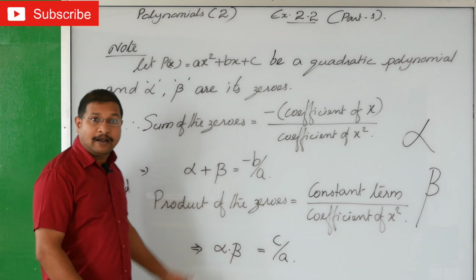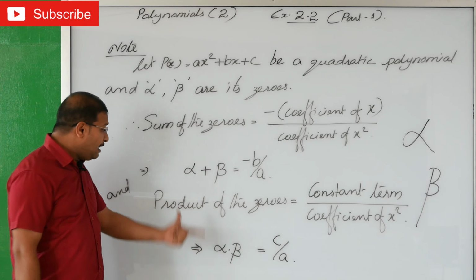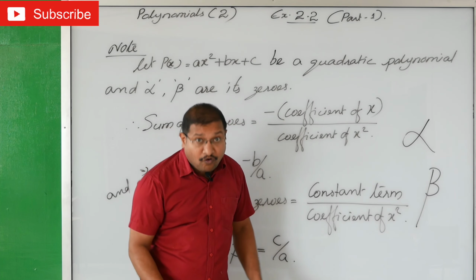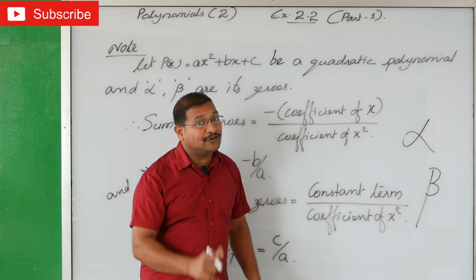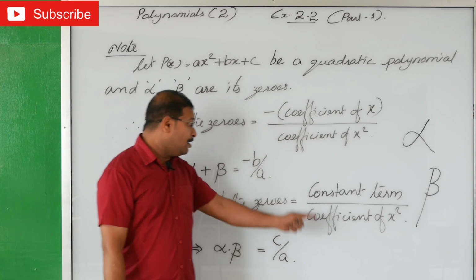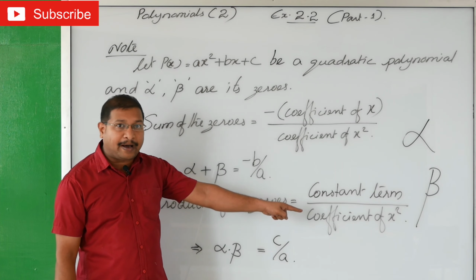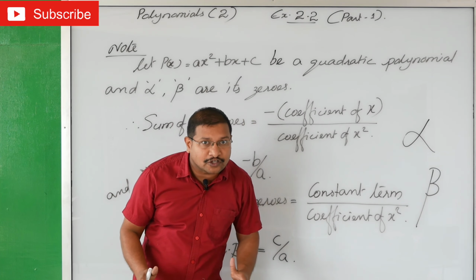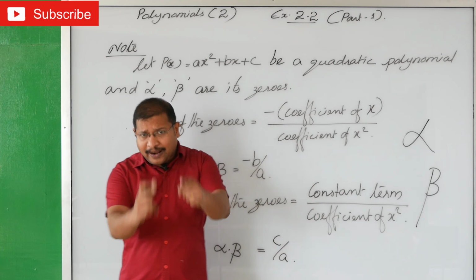Next one, product of the zeros. Product of the zeros equals constant term divided by coefficient of x square. Product means multiplying.